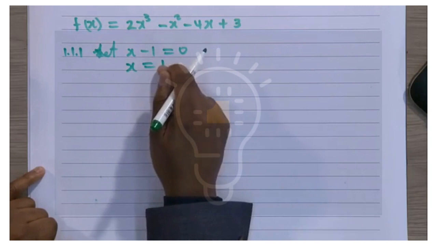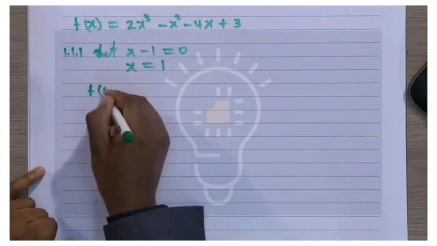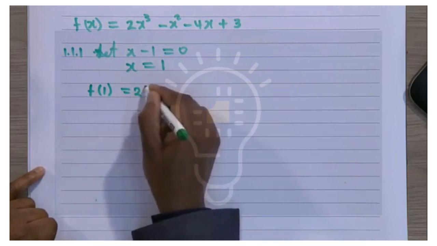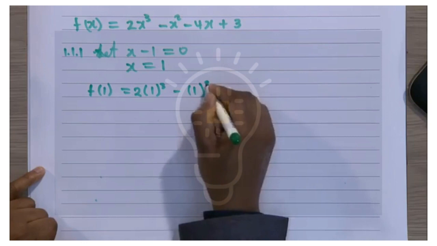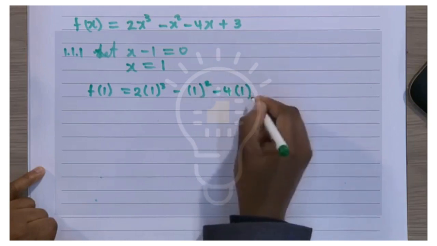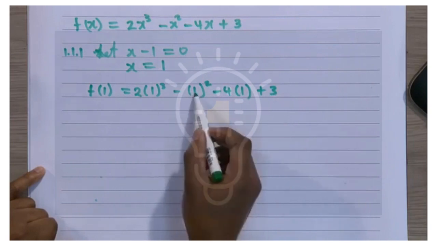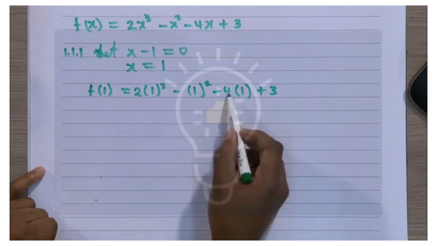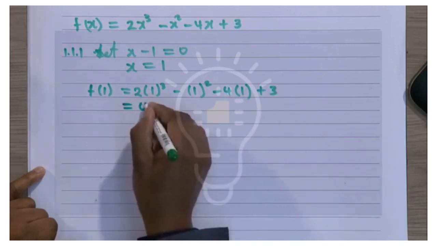And then we can substitute this into our original function f of x. Now f at 1 will be 2 into 1 cubed minus 1 squared minus 4 into 1 plus 3. Working this out, this will be 2 minus 1, which is 1. 1 minus 4 is minus 3, plus 3. That's definitely 0.